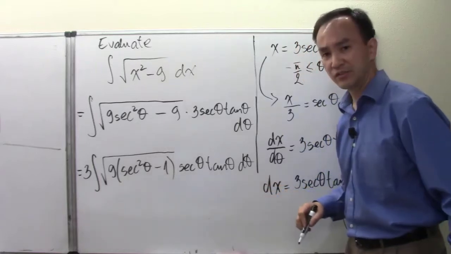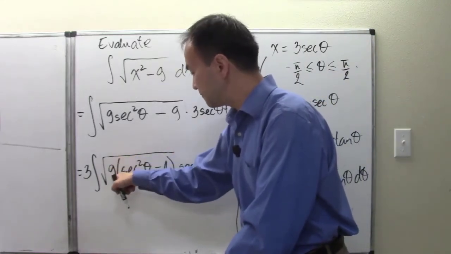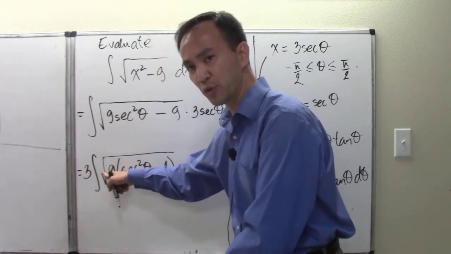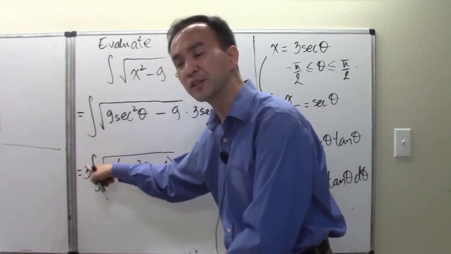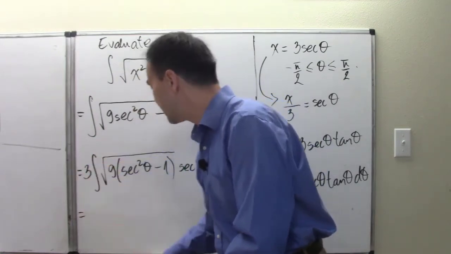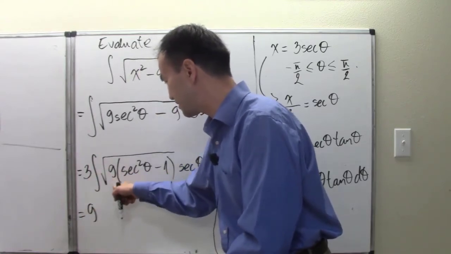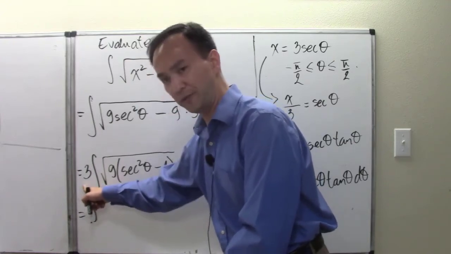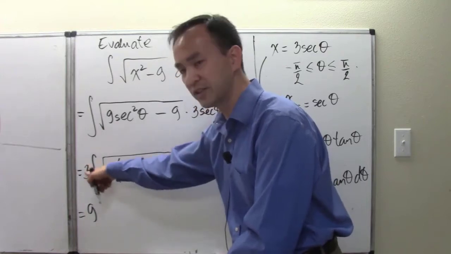In the next step, I am also algebraically going to bring that 9 outside of my square root to become 3, and it will eventually become another 3 multiplied with this current 3 here. So all together, the next step is going to have a 9, because that becomes a 3 when we pull it out of the square root, and then we can pull it out in front of the integral sign, multiplied together with this 3.